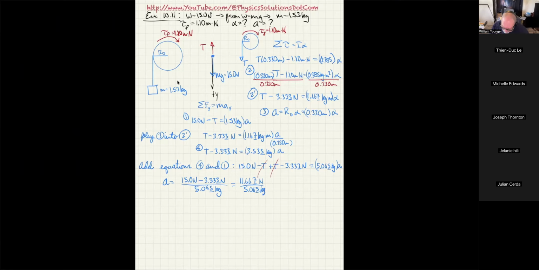And a newton is a kilogram meter per second squared, so this is going to just leave us a meter per second squared. So I can just say that A is equal to this divided by 5.065. That gives me 4 sig figs divided by 3 sig figs. That's 2.303 meters per second squared is the acceleration.